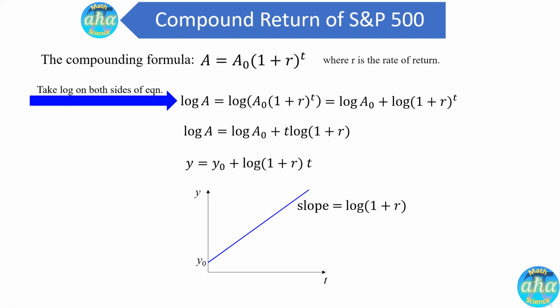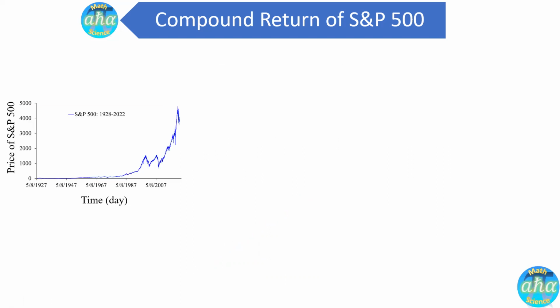So instead of looking at an index or the stock price of an individual company on a linear scale, if we plot the S&P 500 over these almost 100 years on a log scale for the price, we should expect the index to follow more or less a straight line. So let's see what happens when we do that. And indeed, you can still see the zigzag, but it now looks more or less like a straight line.